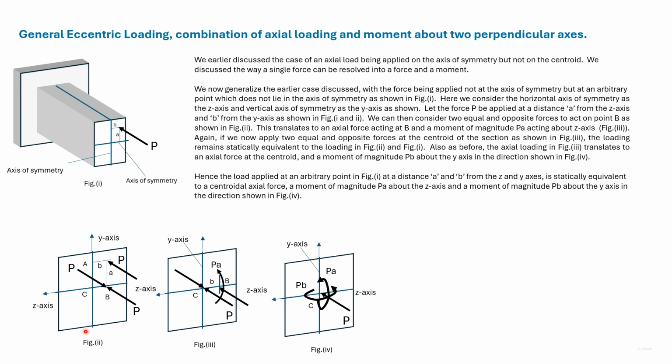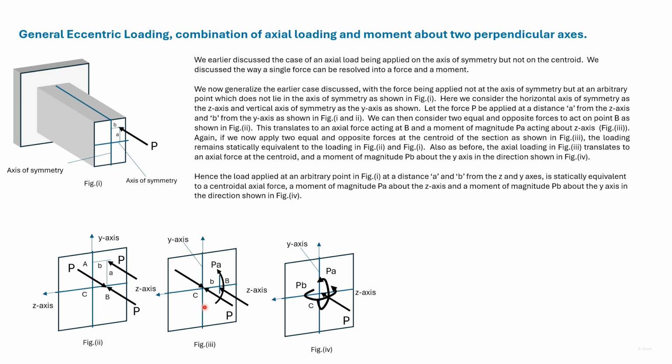Then the loading in figure 2 is statically equivalent to the loading in figure 1. Now this loading can be considered to be an axial force applied at B and a moment about the z-axis of magnitude Pa.